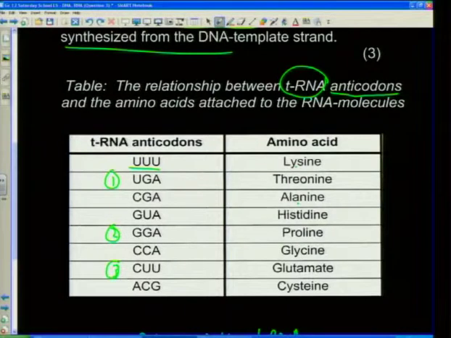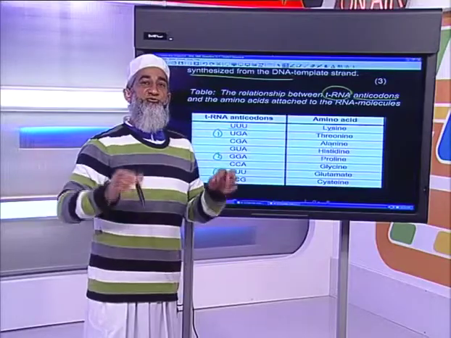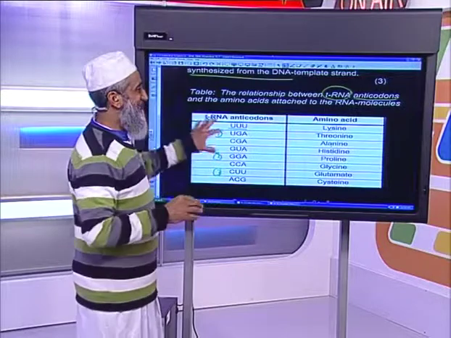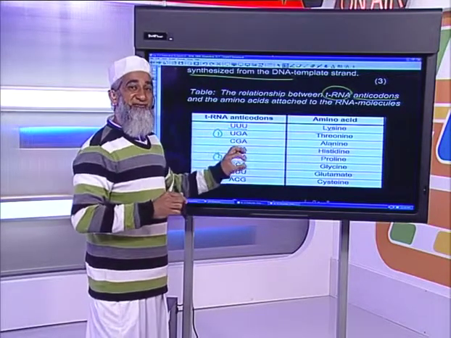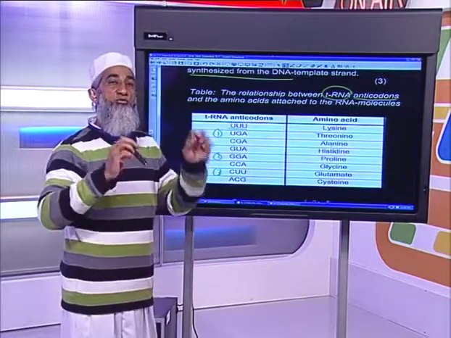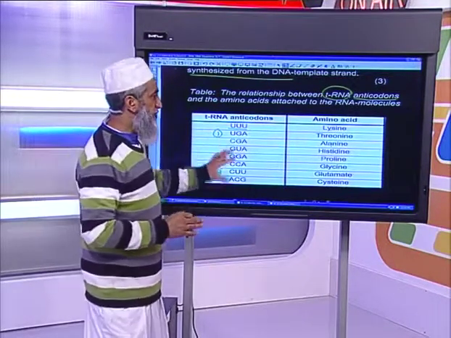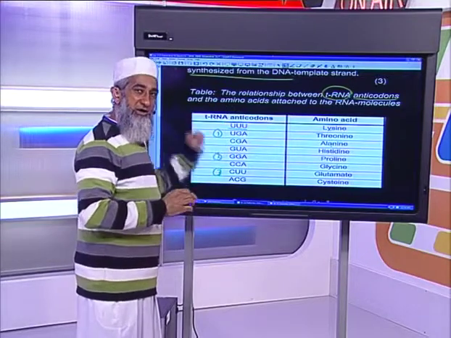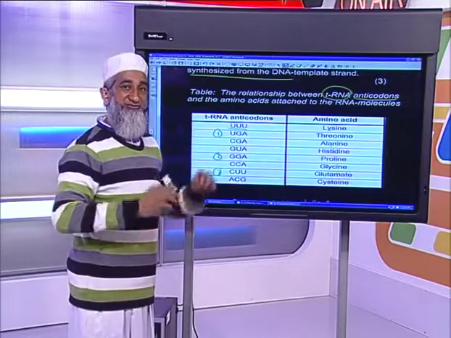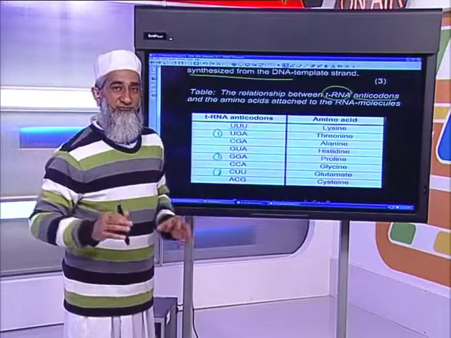Please understand, guys, that you do not have to memorize this table. If it's ever asked, it will always be provided in the question paper. You do not have to know which transfer RNA picks up which amino acid. That is not part of your curriculum.